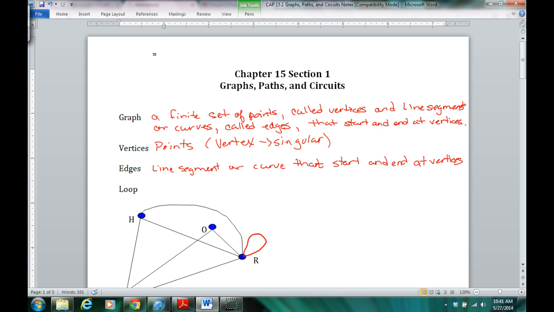The last one is a loop, and it's a special kind of edge. It is an edge, but it starts and ends at the same vertex, right?